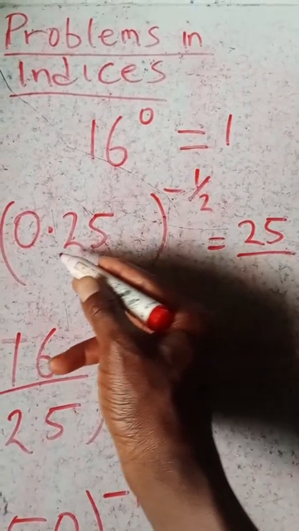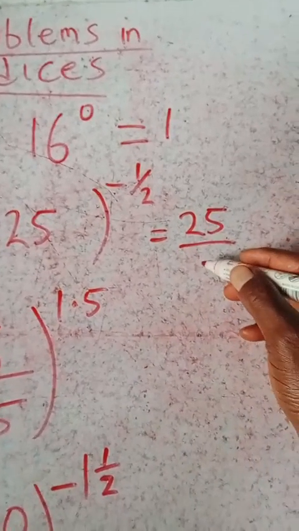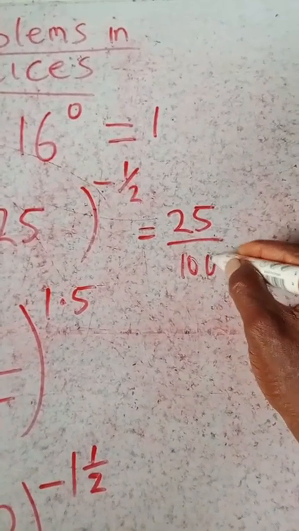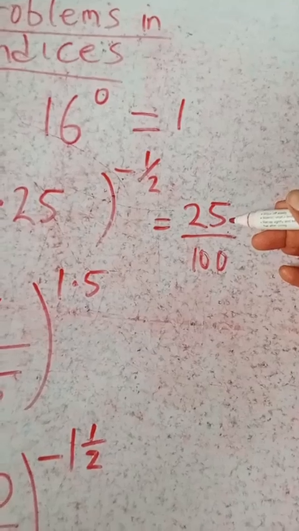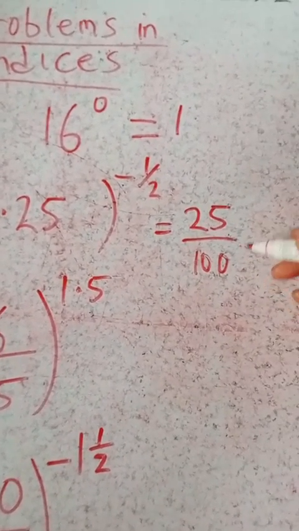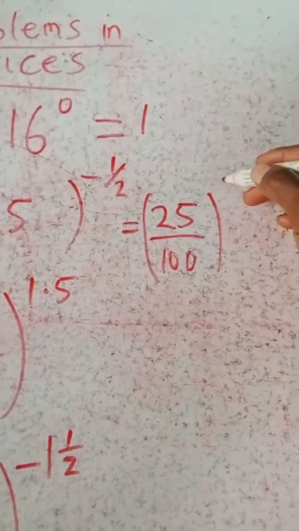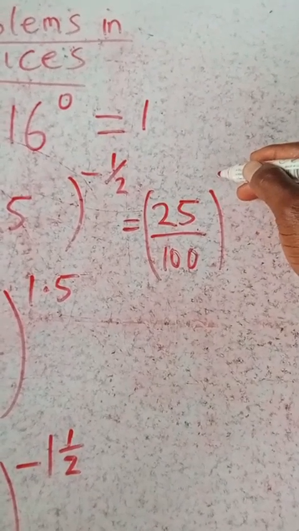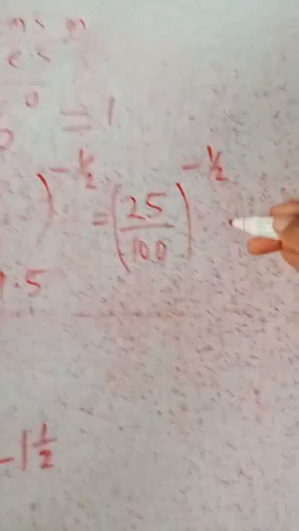We have two decimal places, so we divide by 100. So this is the fraction of 0.25. Then we put our bracket and write the power, the negative index, minus 1 over 2.